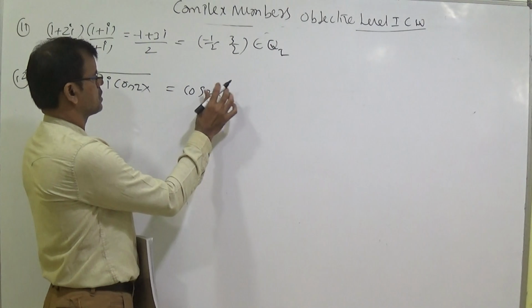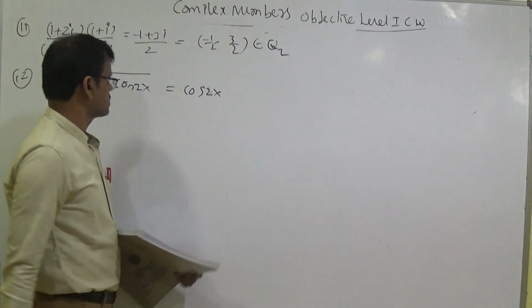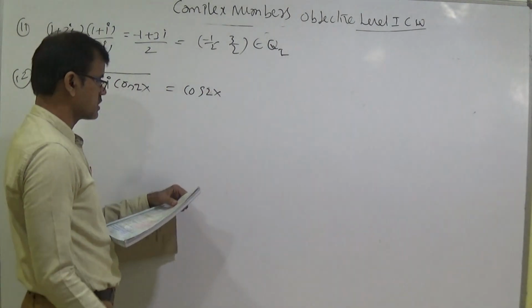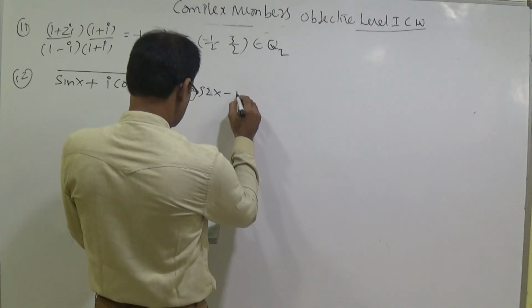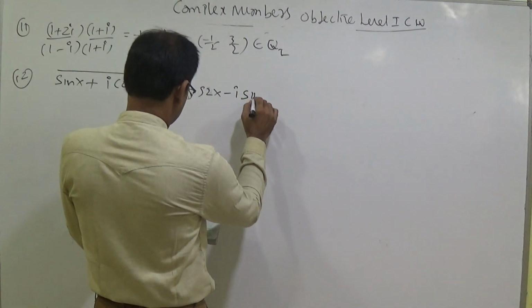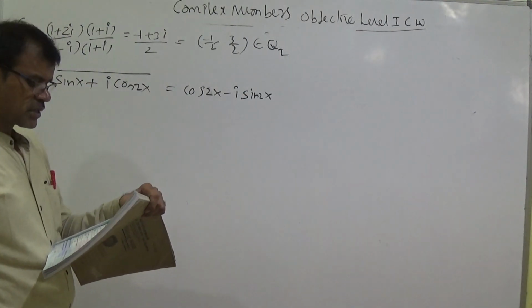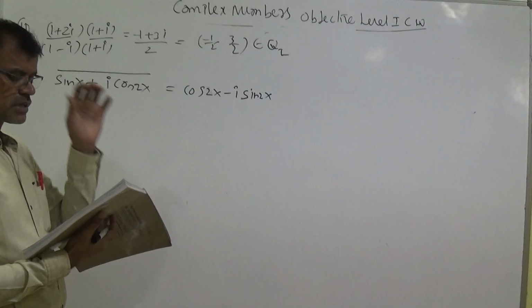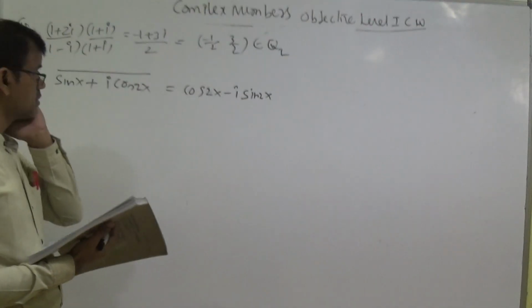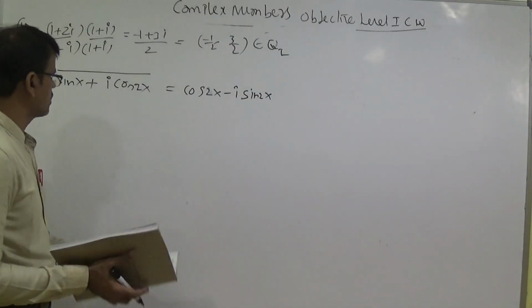Sin x plus I cos 2x, cos x minus I sin 2x are conjugate to each other. So this conjugate is this one, correct.